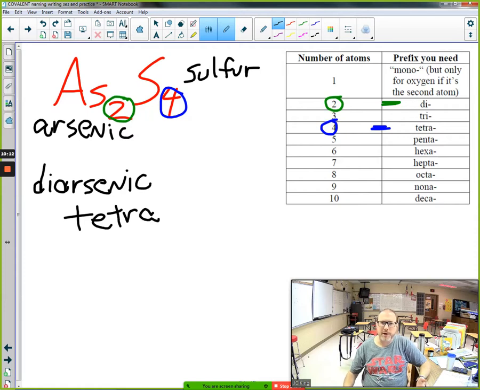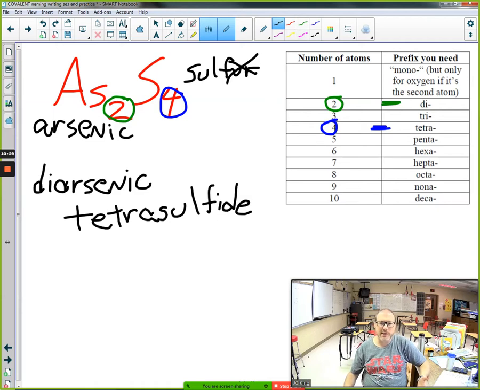And instead of sulfur, I'm going to drop the "ur" off the end, and it's just going to be tetrasulfide. Again, I apologize for my clicky handwriting here. So diarsenic tetrasulfide.